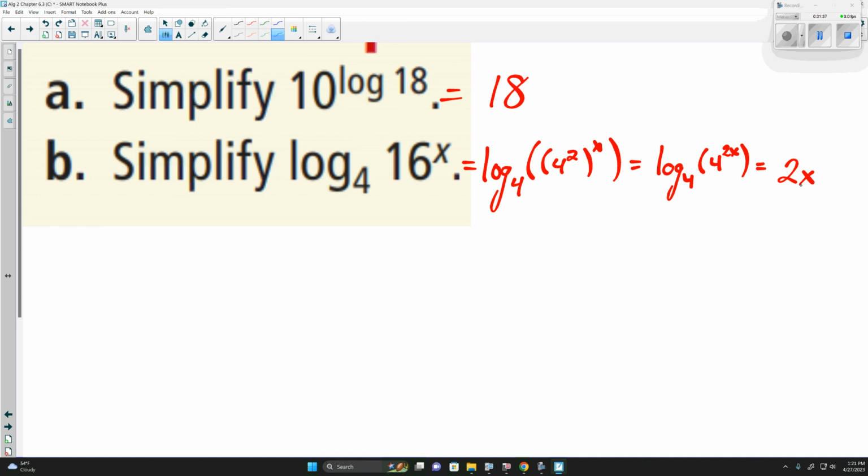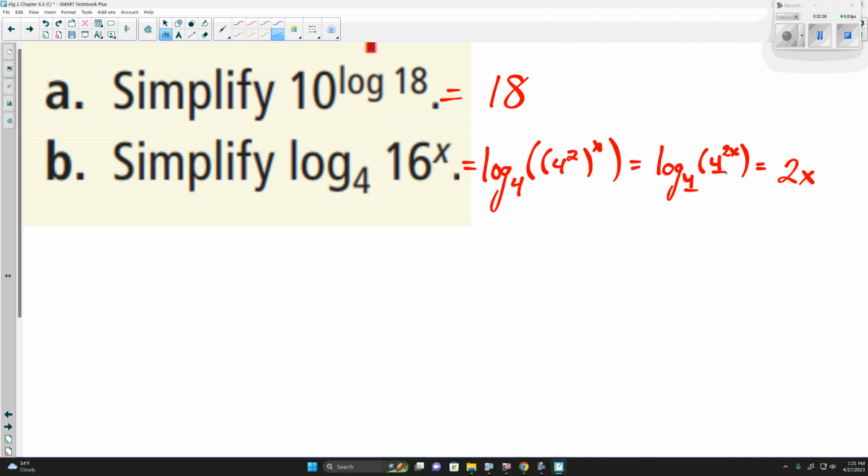Questions on any of these here? Yes. So, after we subtract the log to the base of 4, when we do our parentheses, do we just try to find a number that multiplies to the number that it equals, so like the 16?